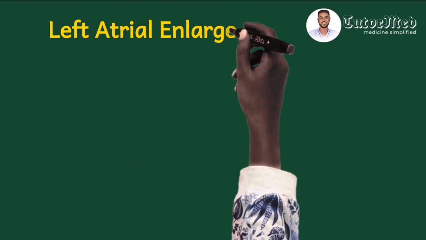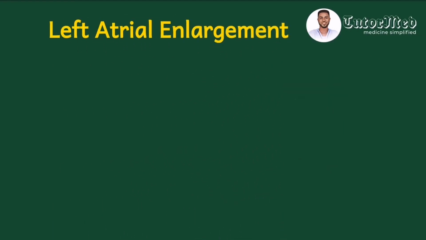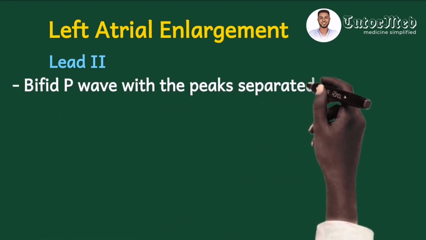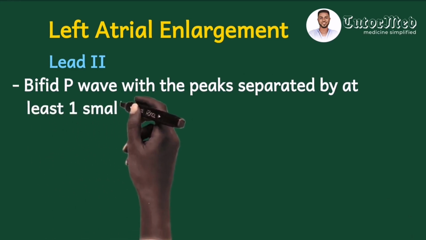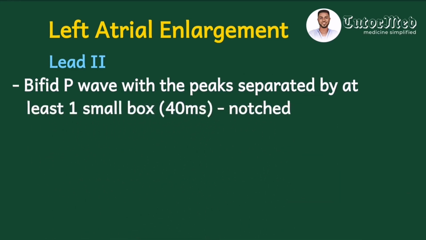Now let's look at left atrial enlargement. And so the leads we pay attention to, of course, are lead 2 and V1. What does lead 2 show? Lead 2 will show a bifid P wave. This means that the P wave has 2 peaks. In other words, there is a notch in the P wave. And then these peaks are at least one small box apart, or they are separated by 1 millimeter.